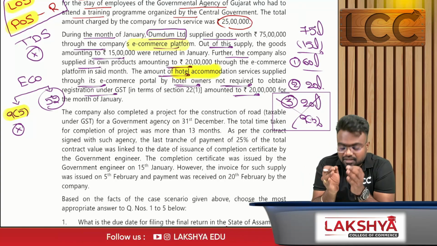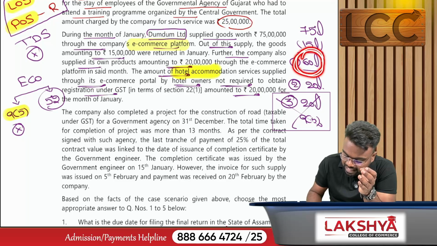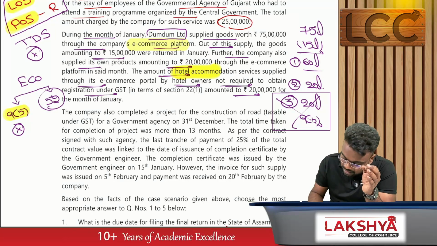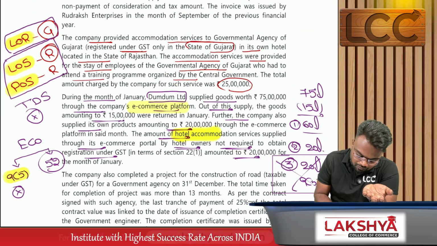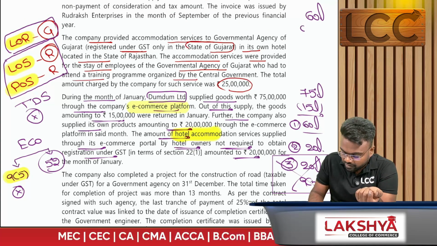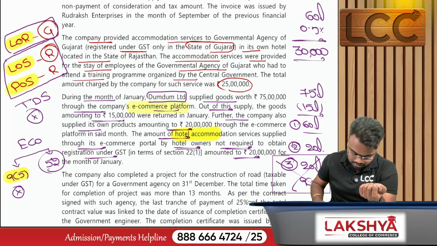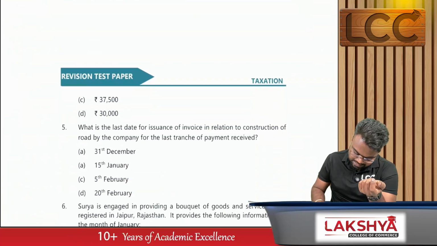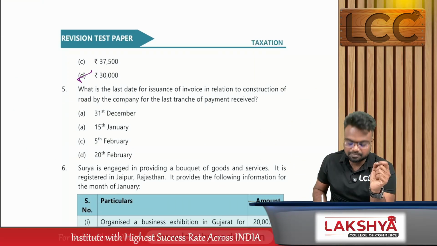That means the provisions of TCS are applicable only on 60 lakhs, not on 80 lakhs, because this 20 lakhs is our own supply. So what is the rate of TCS? 0.5%. So 60 lakhs into 0.5% is 30,000. So what is the answer? The answer is 30,000, option D. I hope this is clear.